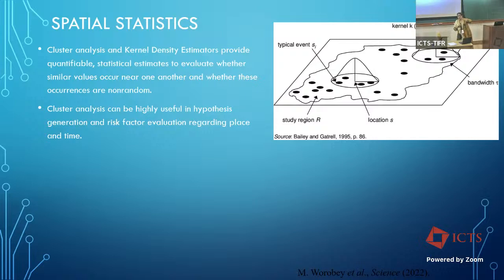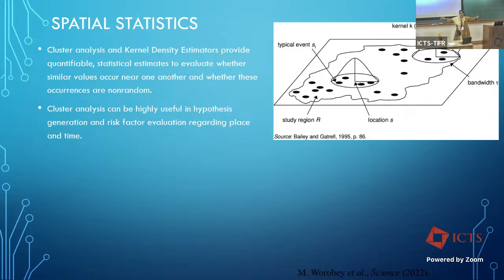Okay, so in point pattern analysis, you're usually asking the question, is whatever process that's generating these points a random process or is it somehow different from random? Okay, so that's a starting point with point pattern analysis. Now, kernel density estimators, anybody here used a kernel density estimator in their work? So what these do is that they take each individual data point and they build a probability distribution function centered on that point, okay?